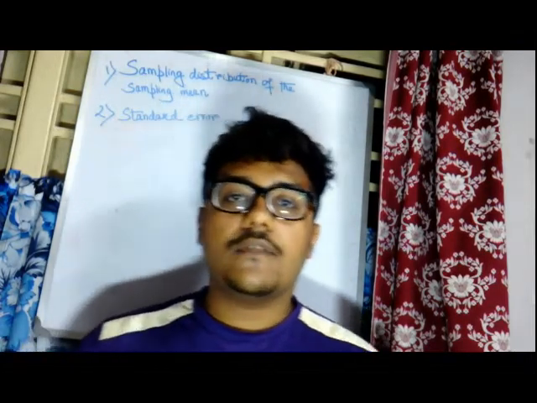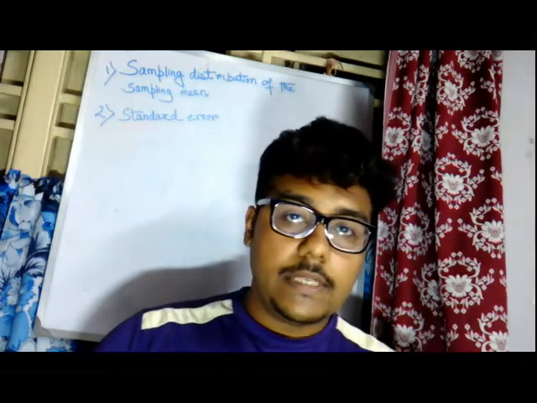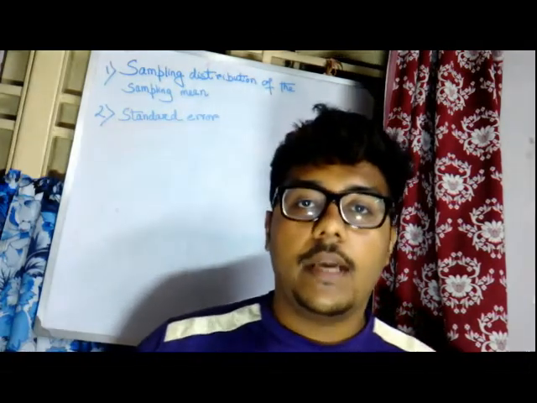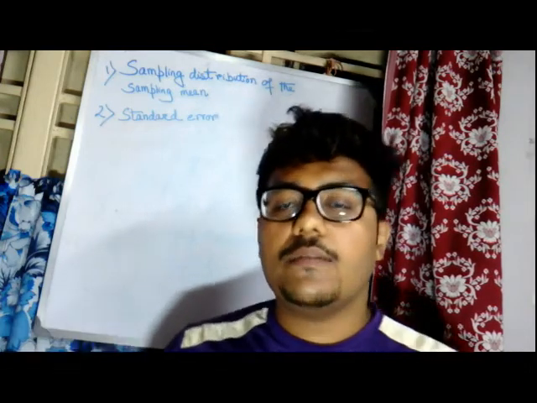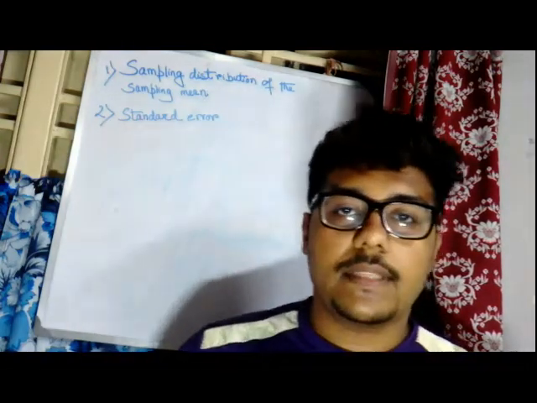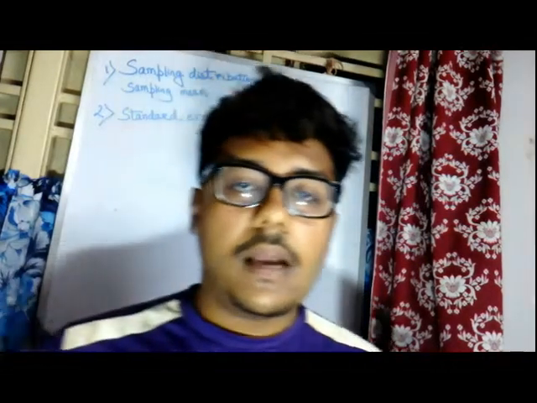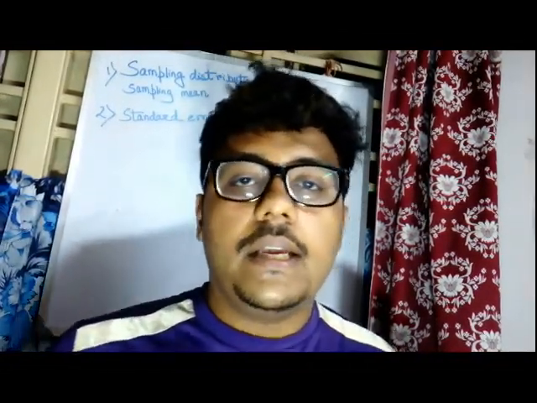In case of census, we test the whole population. But in case of sampling, we do not test the whole population, we just take a few samples. For example, suppose a bulb manufacturing company manufactures 10,000 bulbs a day.